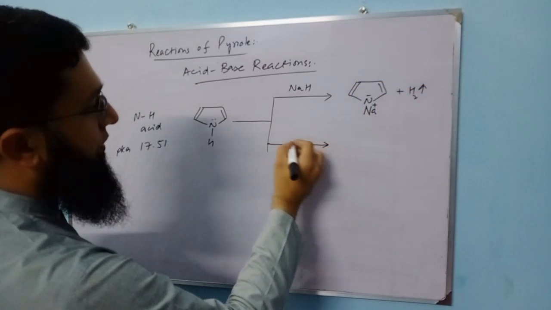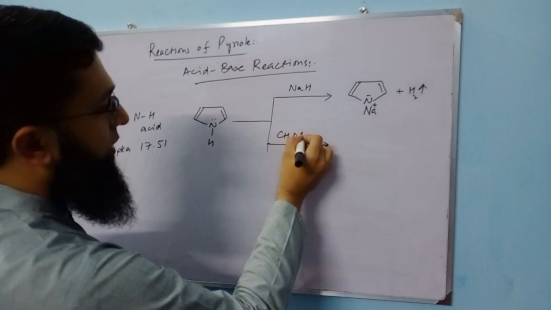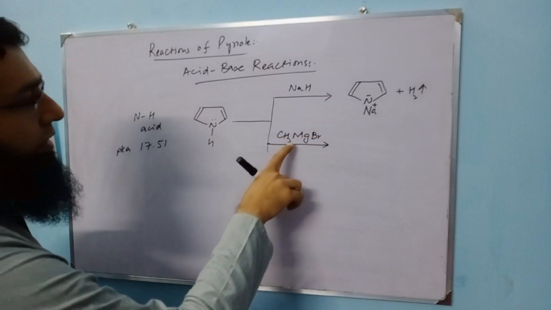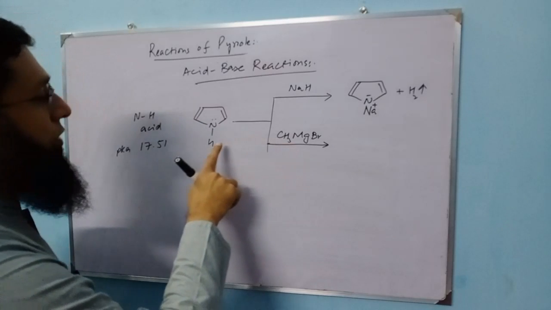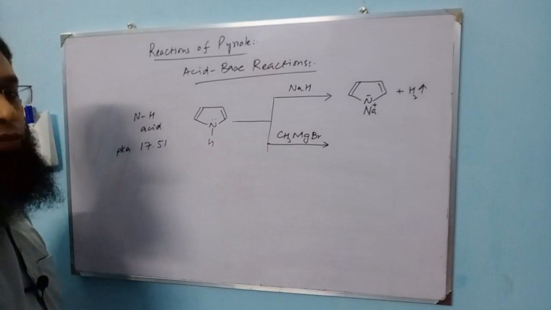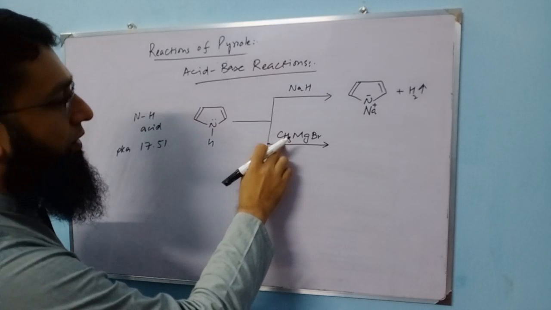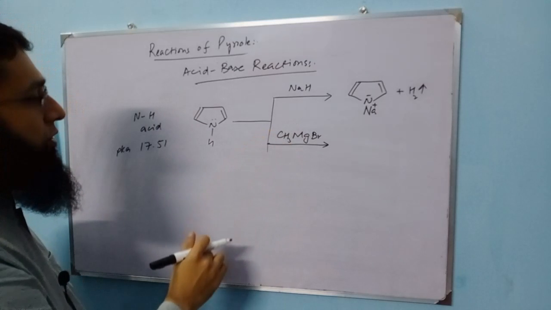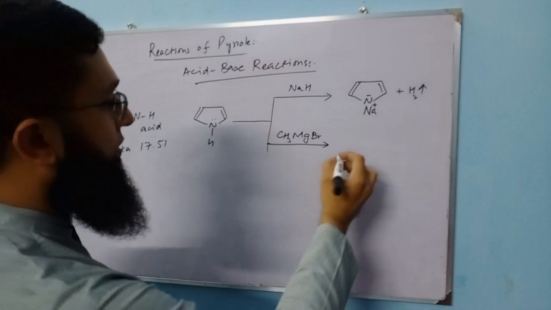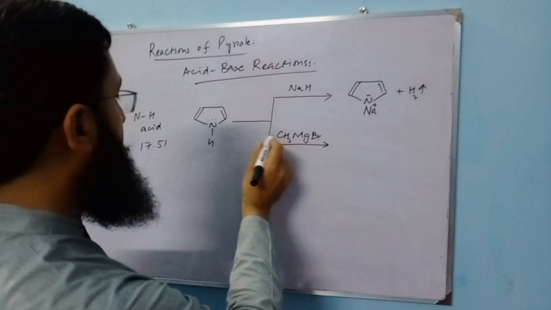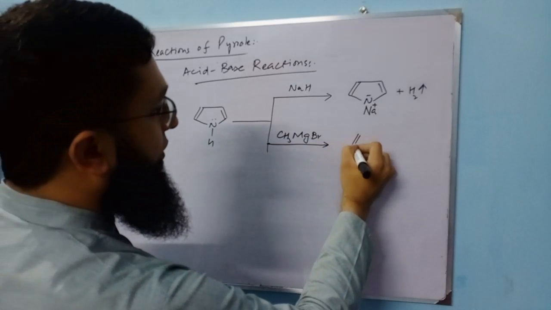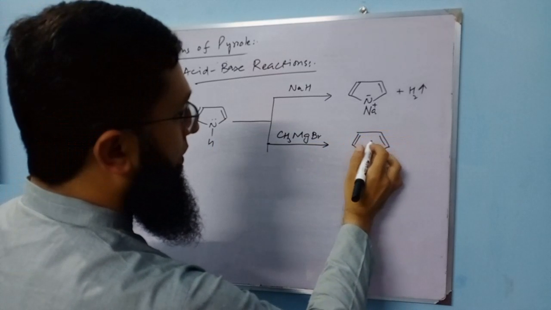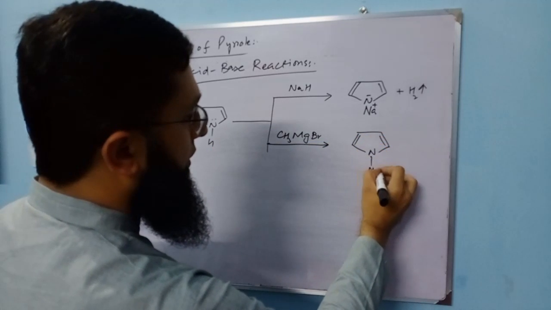If we use Grignard reagent, for example methyl magnesium bromide, in this case Grignard reagent will also react as a base, because we know that Grignard reagent has negative charge on carbon portion and it is a very reactive and strong base, so it would also abstract the proton from here and we will get this, or like this.